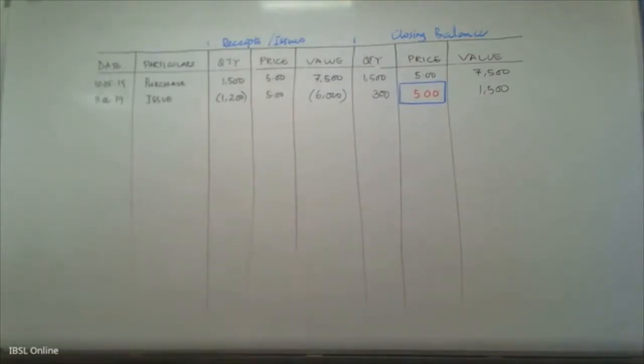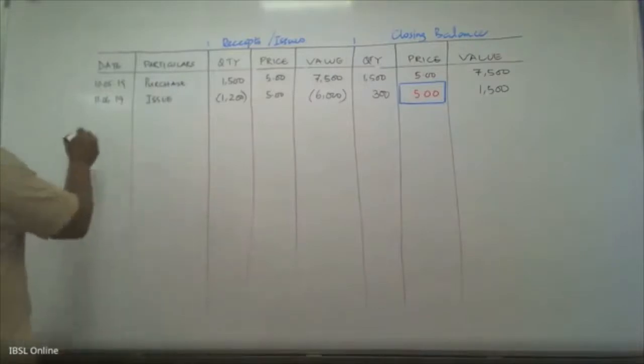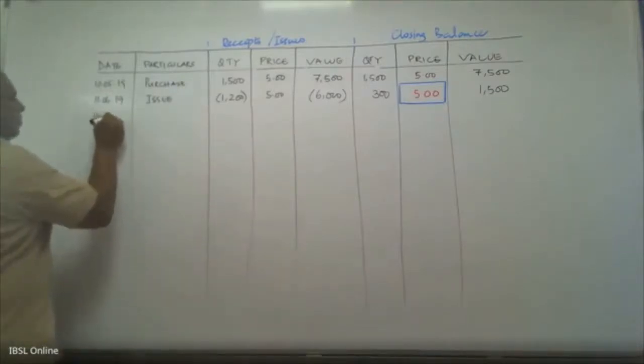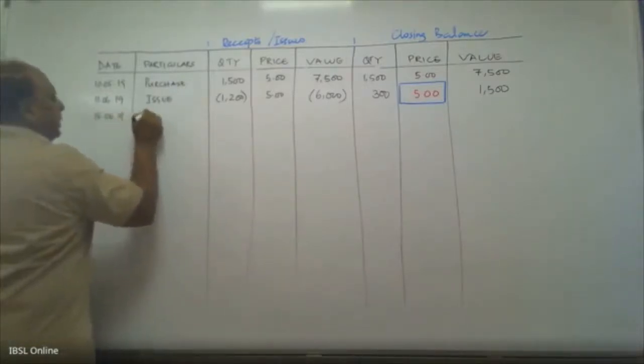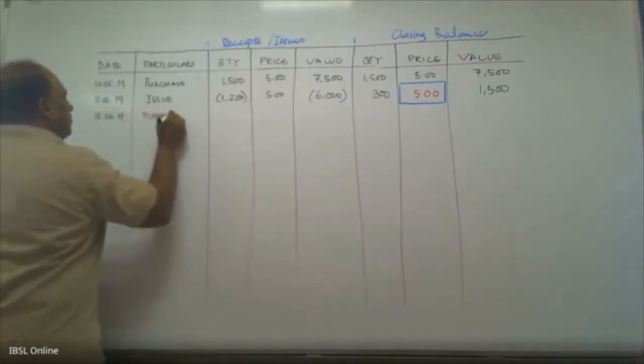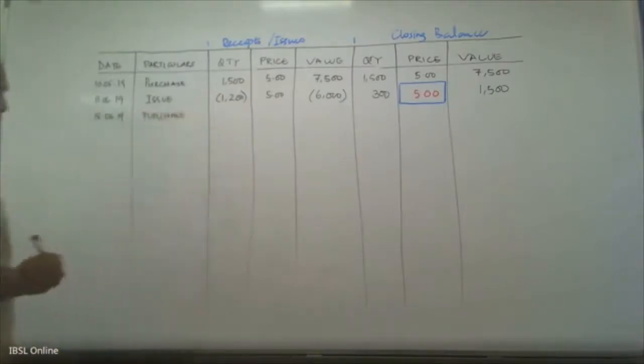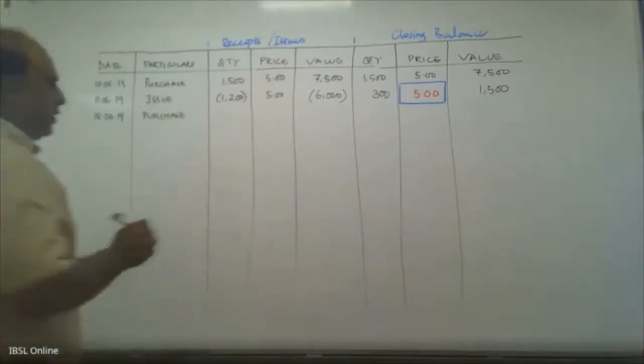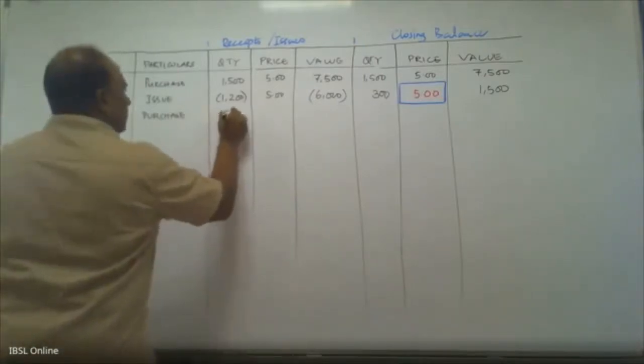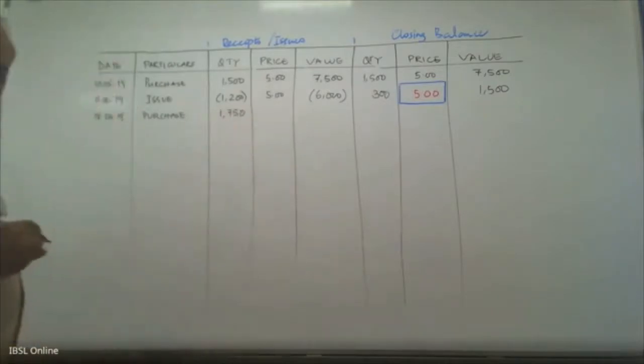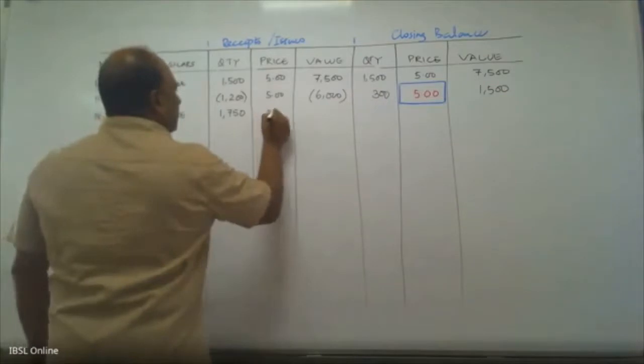Okay, right. So the next item now is on 18th June. That is a purchase of 1,750 units at the rate of 8 rupees.